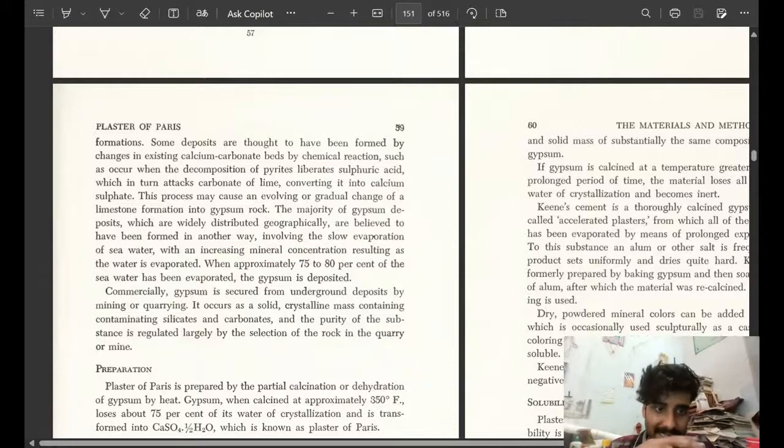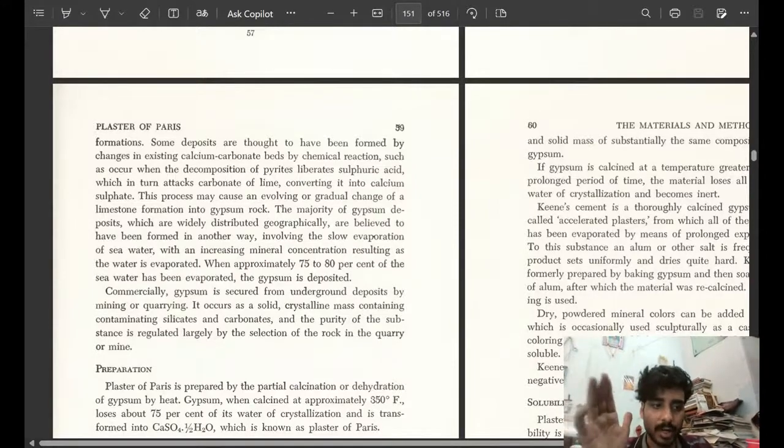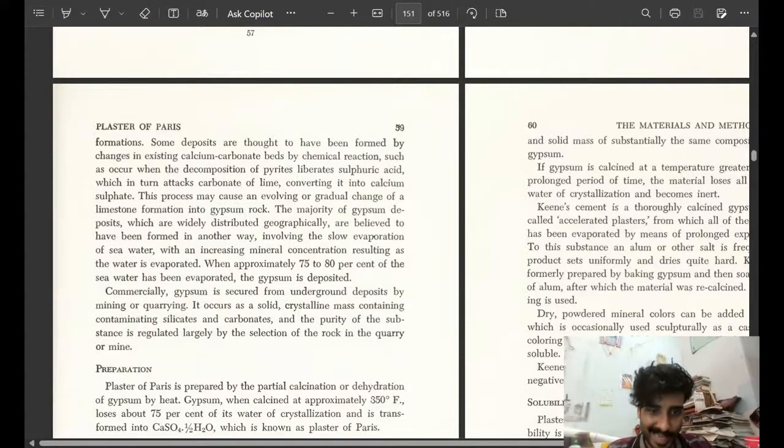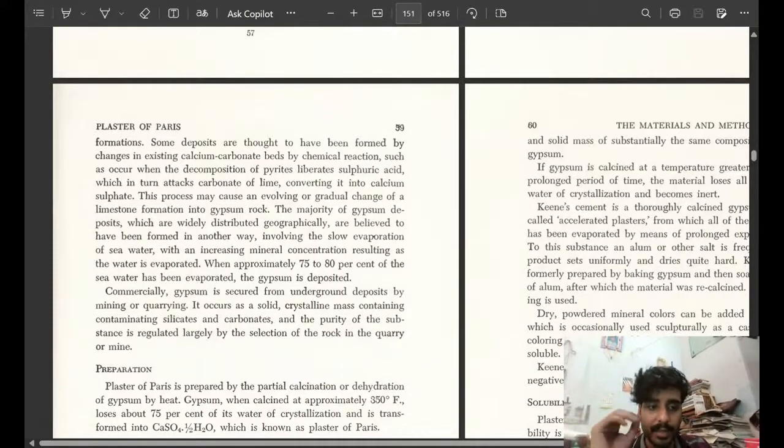When approximately 75 to 80% of the seawater has been evaporated, the gypsum is deposited. Commercially, gypsum is secured from underground deposits by mining or quarrying. It occurs as a solid crystalline mass containing contaminating silicates and carbonates, and the purity of the substance is regulated largely by the selection of the rock in the quarry or mine.